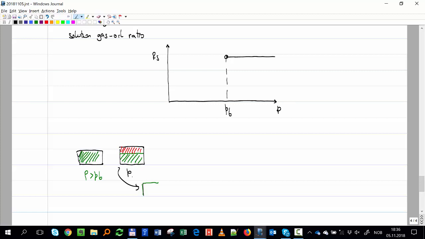This is at the pressure below the bubble point pressure. I take only the oil, I took away the gas, and I take it all the way to standard conditions.